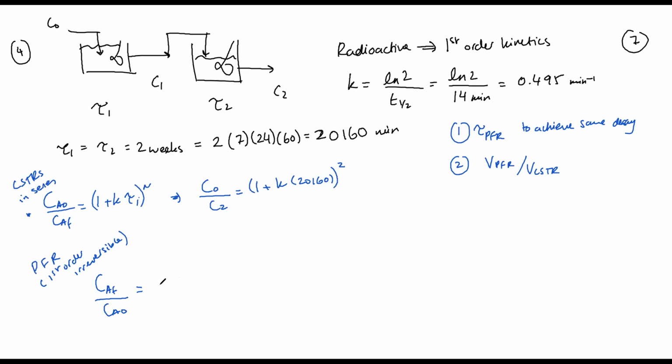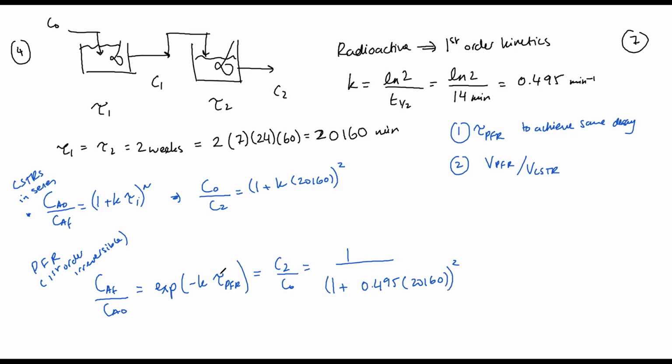But if you're not going to do it, just be careful, okay? Exponential minus K tau PFR is CA final over CA naught. This is equal to C2 over C naught, and this is equal to 1 over 1 plus, going to substitute the value for K directly, 0.495 into 20160, all of this squared.